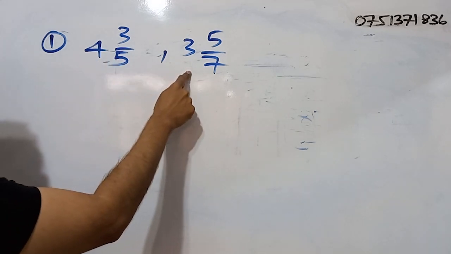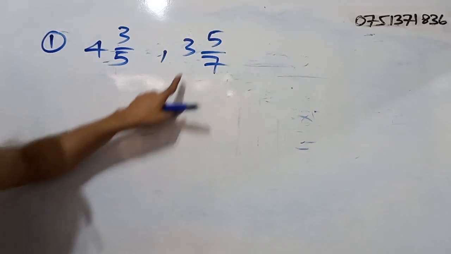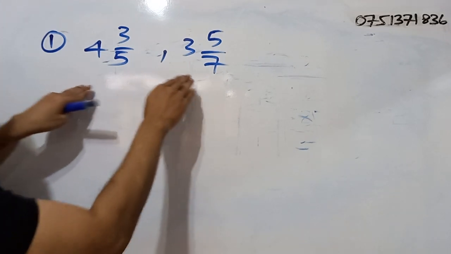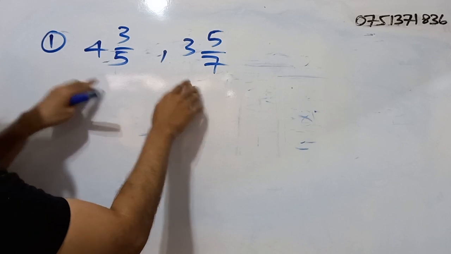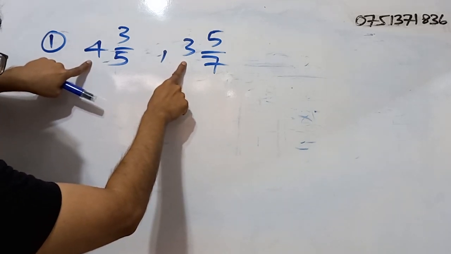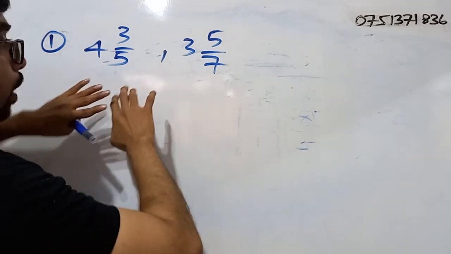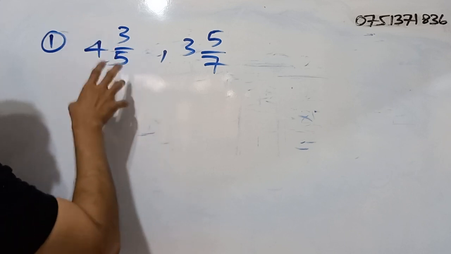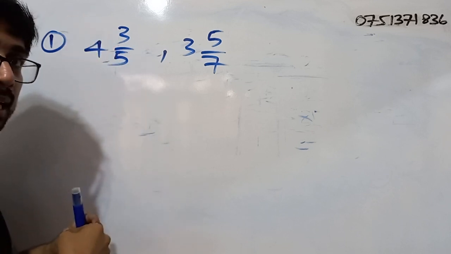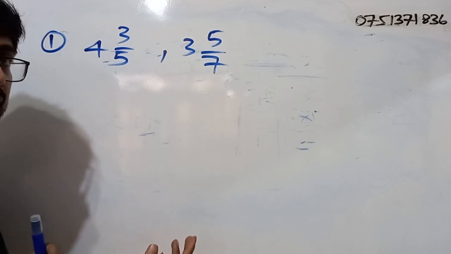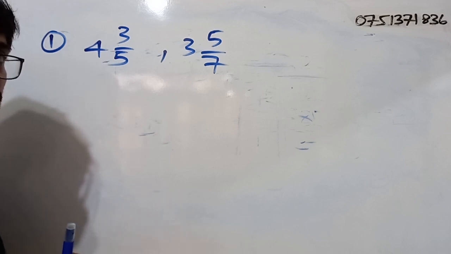So on the other fraction, which is 3 and 5 by 7, what's the whole number part? 3. So we have two mixed numbers which have different whole number parts, right? So when that happens, the mixed number which has the largest whole number will be the largest mixed number of the two.